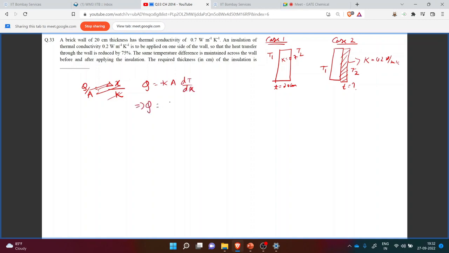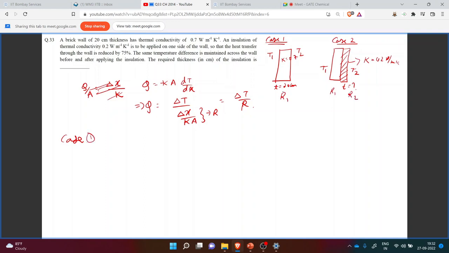We can write this in terms of delta T upon delta x over k, and this term we call resistance. That is, Q is delta T upon R. Now for case 1, let's call the resistances R1 and R2.